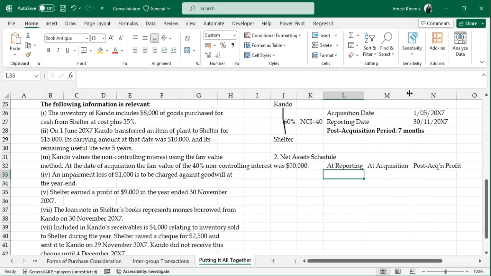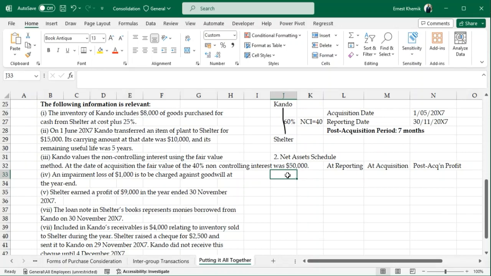All right, so as I said in my previous video, the term net asset is derived from the basic accounting equation, which is assets equals equity plus liabilities. Now when we make equity the subject of that equation, it becomes equity is equal to assets minus liabilities.